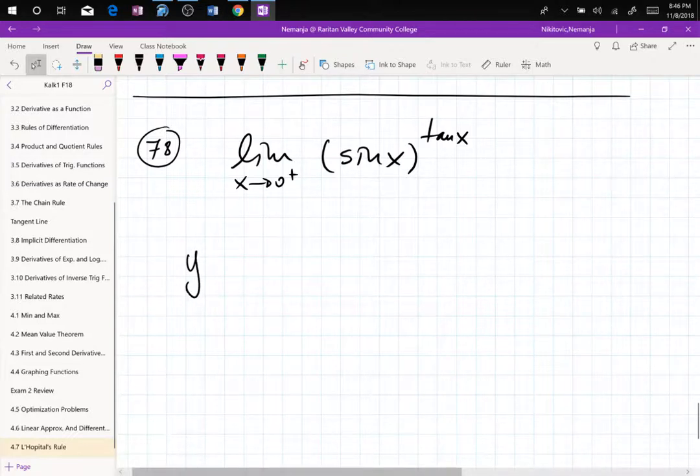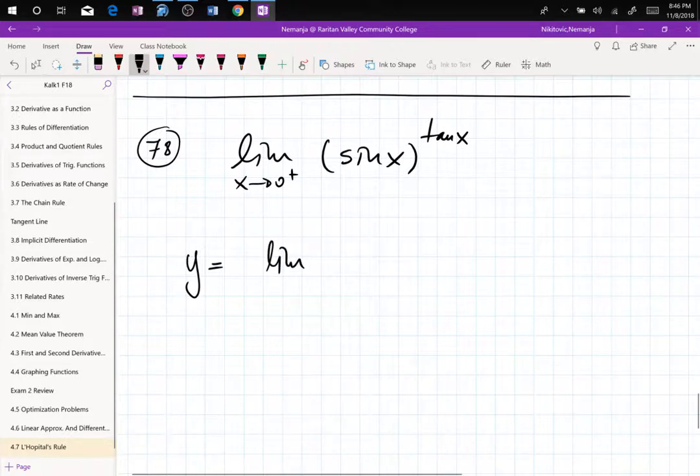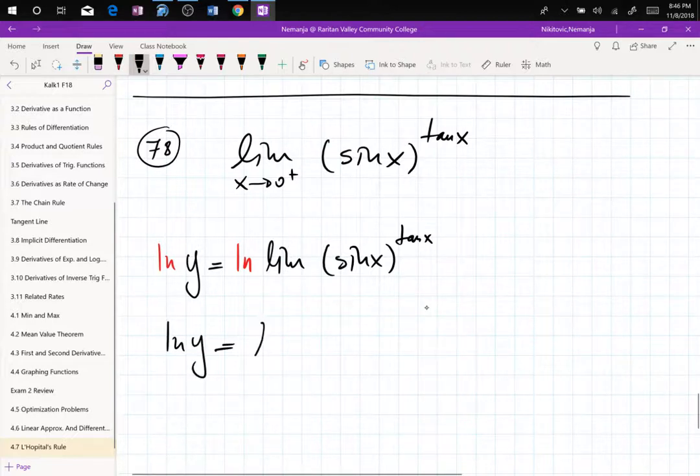So y is equal to the limit of sine x raised to the tangent x. We ln both sides. That will drop. So now the limit goes in front, x goes to 0 plus. Tangent x goes in front.